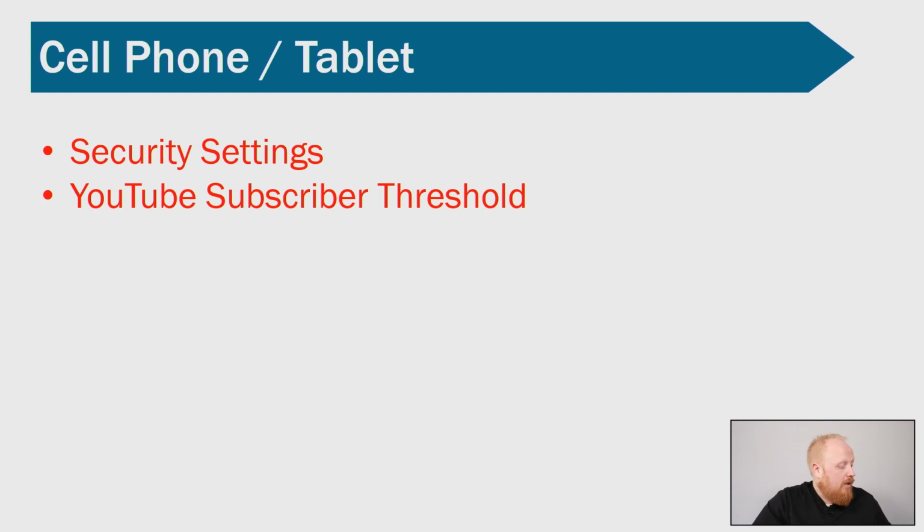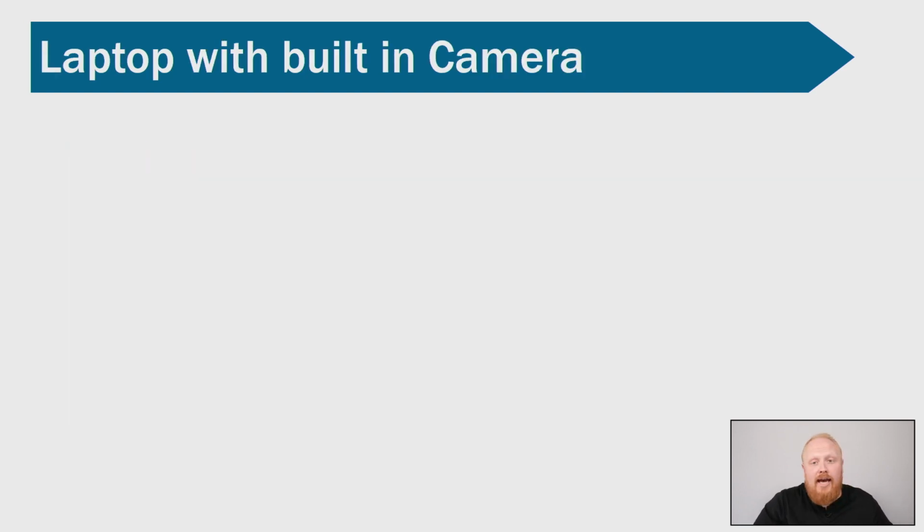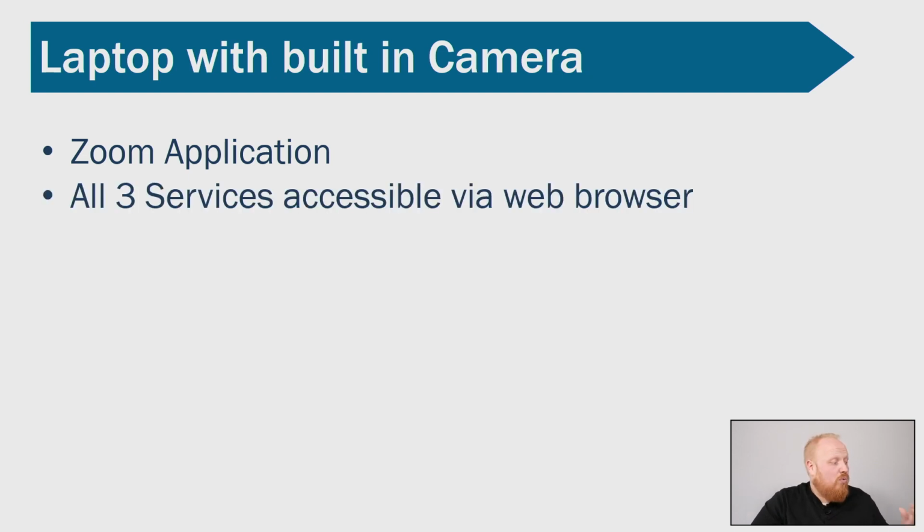So, okay, next up we're going to talk about laptop with a built-in camera. The Zoom platform that we talked about has a downloadable application for Mac and PC. The rest of these services, including Zoom, are also accessible through a web browser.